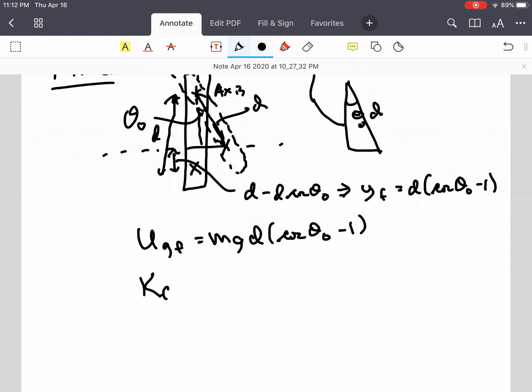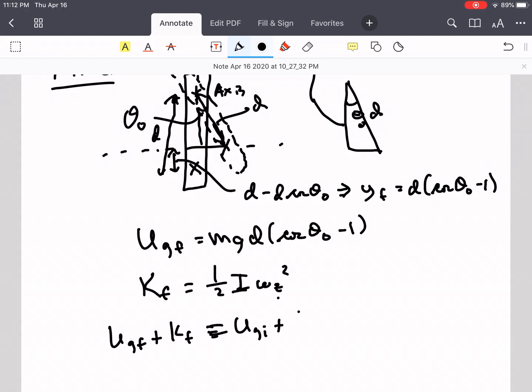My final kinetic energy, well, this is rotational motion, so that's 1/2 I omega z squared. Again, make sure you label that z. That's the angular velocity squared. And energy is conserved. So energy conserved means that UG final plus kinetic final is UG initial plus kinetic initial.